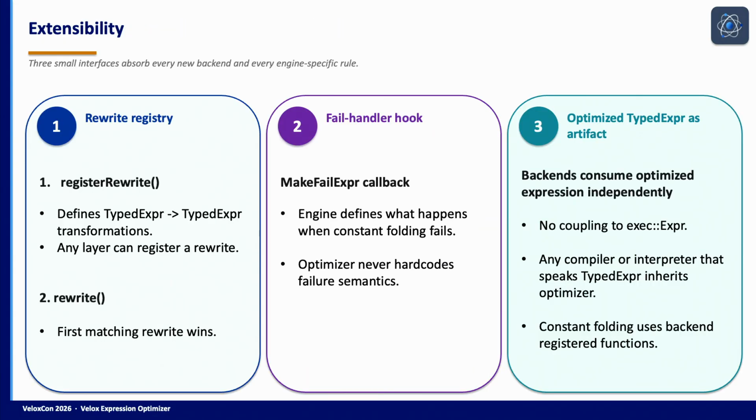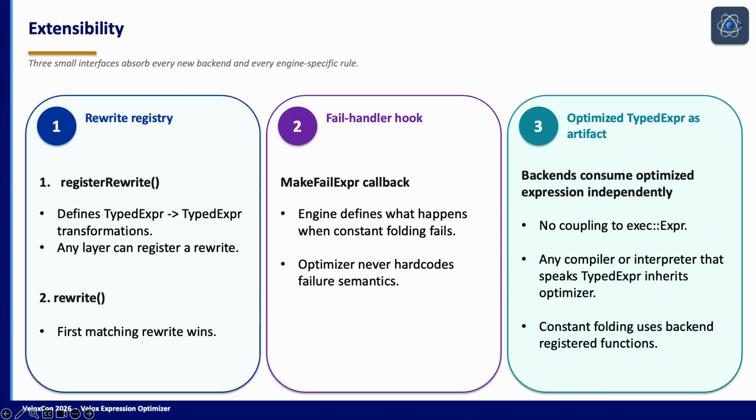Okay, in this slide, we summarize the extensibility of the expression optimizer. So first, we have an expression rewrite registry, and using this allows us to define expression-to-expression transformations easily in a pluggable manner, and you can register a rewrite at any layer, and it always happens deterministically.